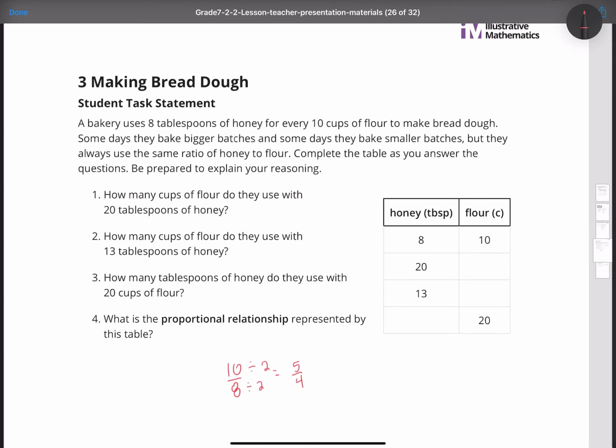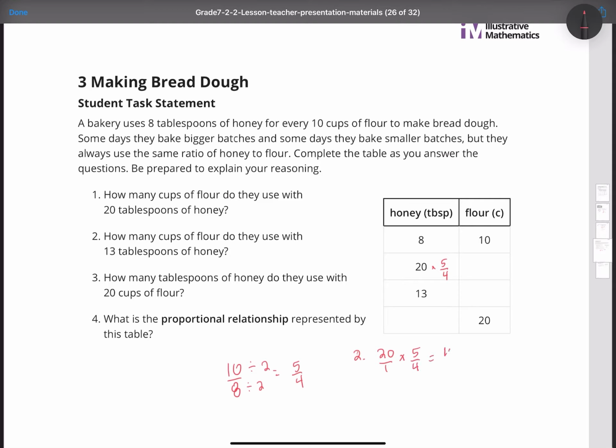Now I can leave it just as it is. I don't have to simplify even more. So I'm going to leave it as times 5 over 4. So when you multiply 20 times 5 over 4, you want to put a 1. So for number 2, 20 over 1 times 5 over 4.